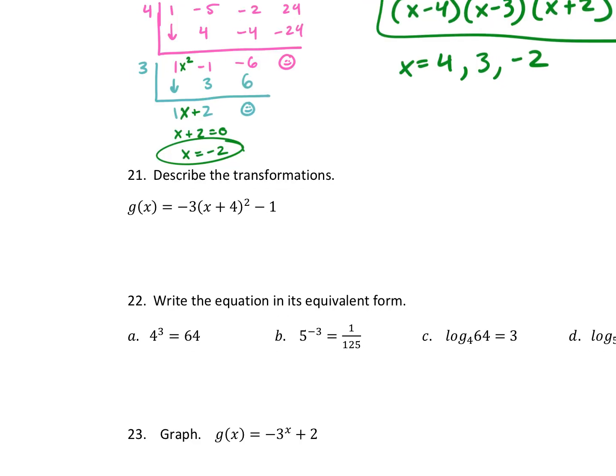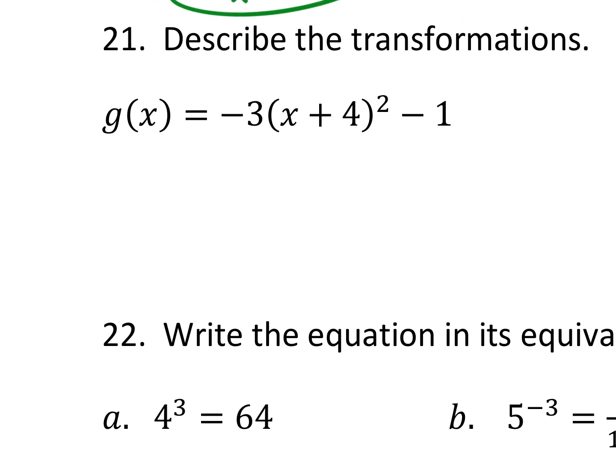All right, 21, describe the transformations. You guys need to know your transformations. Multiplying by a negative on the outside is going to be a reflection on the x-axis. Multiplying by a number greater than 1 on the outside is a vertical stretch.